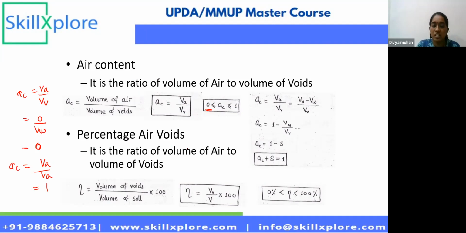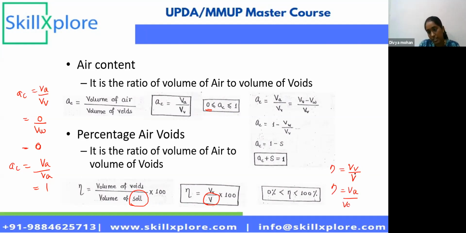And now we'll talk about the percentage of air voids. Percentage of air voids is the ratio of volume of air to the total volume of soil. Whenever we are seeing it, we must be very clear about whether it is the volume of solids or the total volume of soil. So eta is equal to volume of air by total volume. For the dry condition, VV will be completely filled by air.